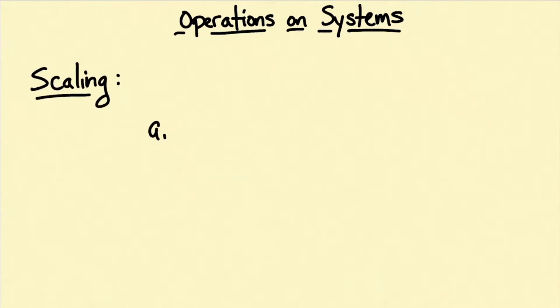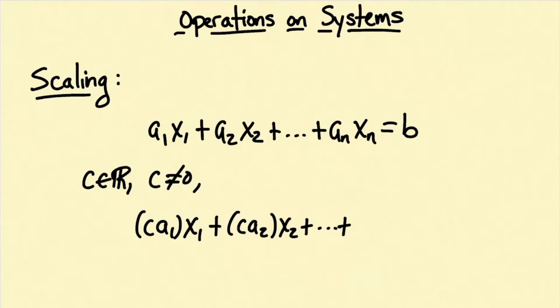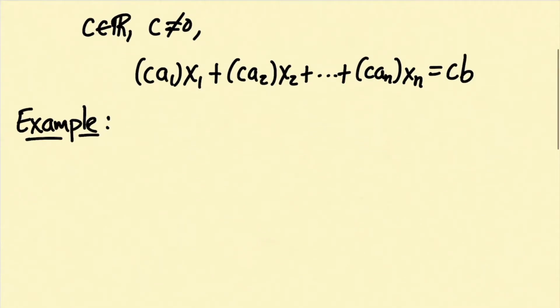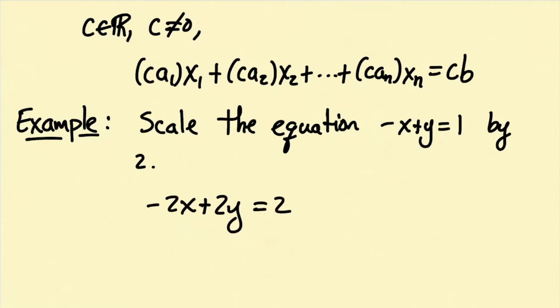We know that if we have an equation, we can always multiply both sides of the equation by any non-zero number. So if, for example, we want to scale the equation negative x plus y equals 1 by 2, then we get the equation negative 2x plus 2y equals 2.